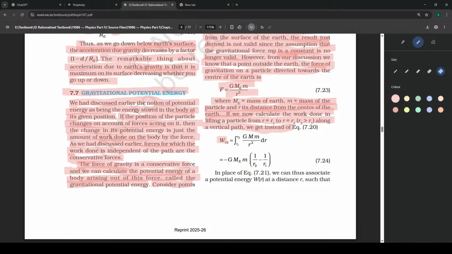We get W12 equals the integral of G me m by r square dr from r1 to r2, which gives G me m times (1 by r1 minus 1 by r2).